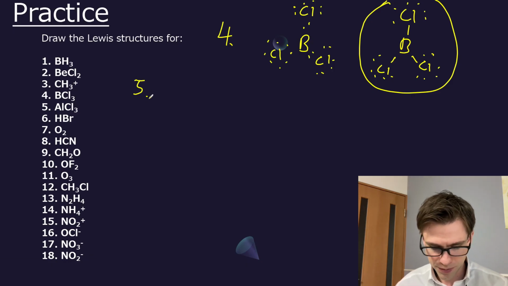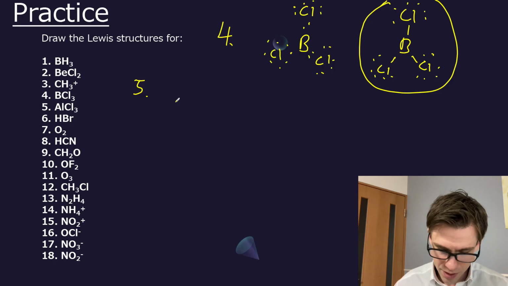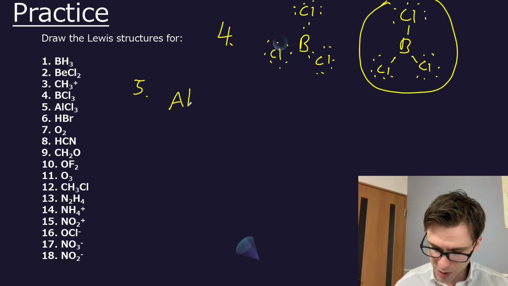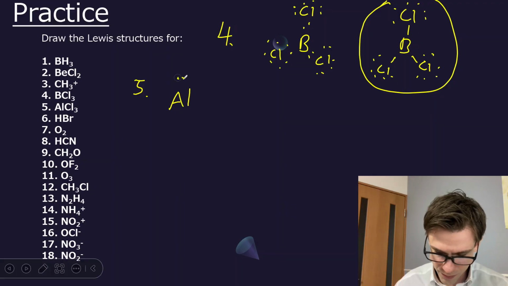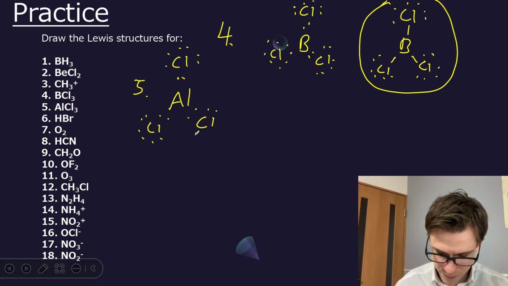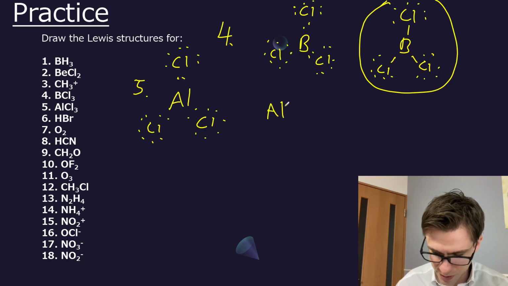Next, number 5. AlCl3. This is basically the same thing. Al is in the same group 13 as boron. So we can have our chlorines come in. So the final structure will look basically the same as I had in the top right there.